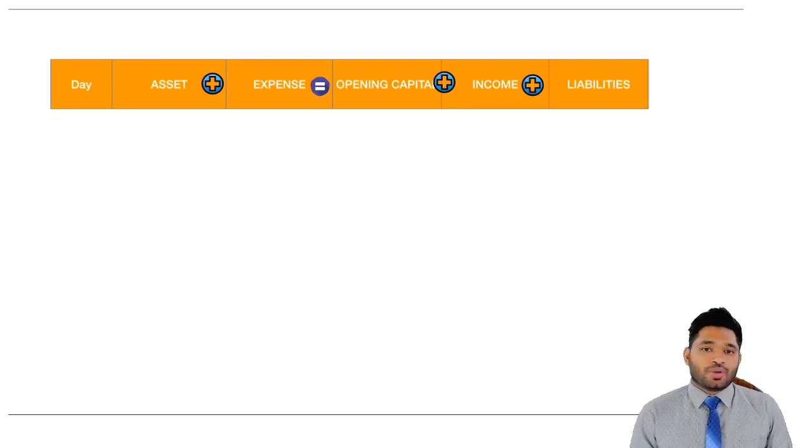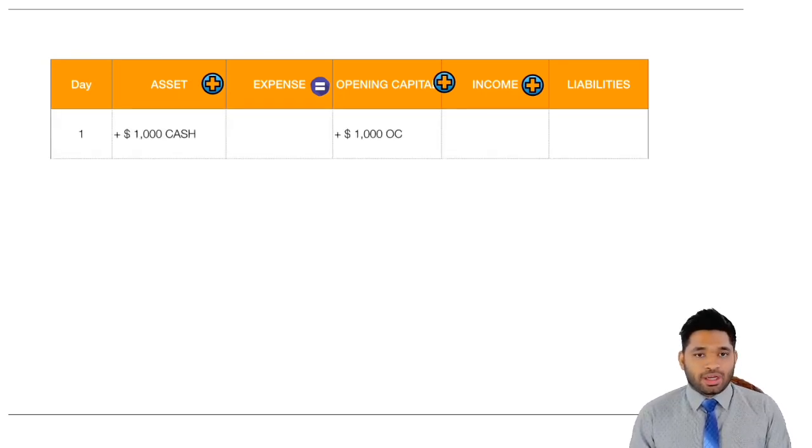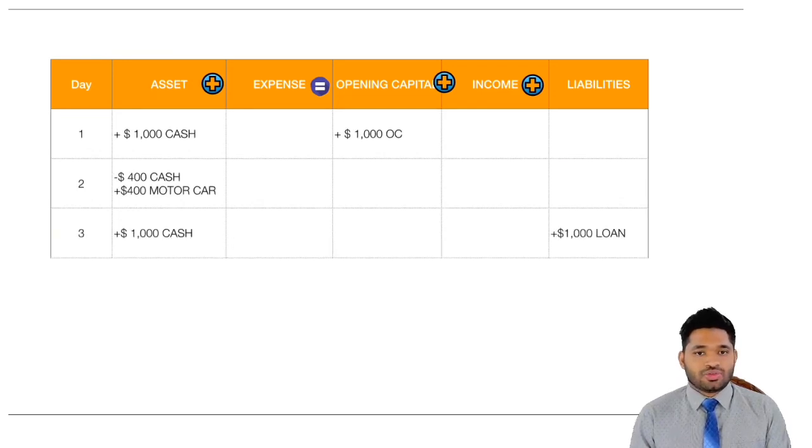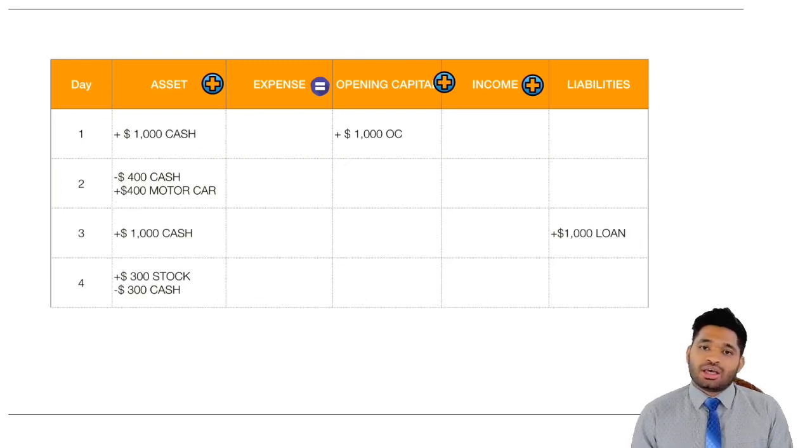The accounting equation we are going to use here is going to be assets plus expenses equals the capital plus income plus liabilities. Now when you look at day number 1, 2, 3, 4, they are going to be exactly similar to the entries that we did under the basic accounting equation.